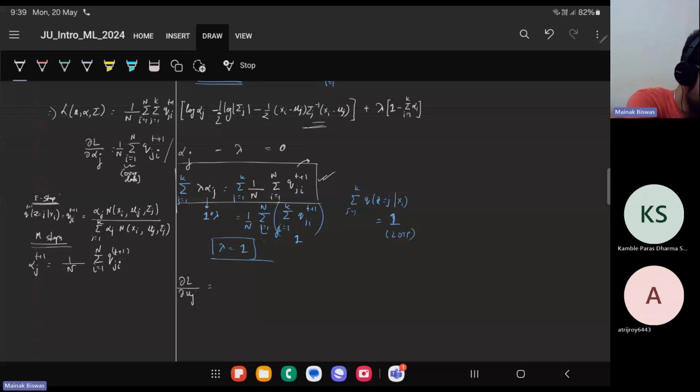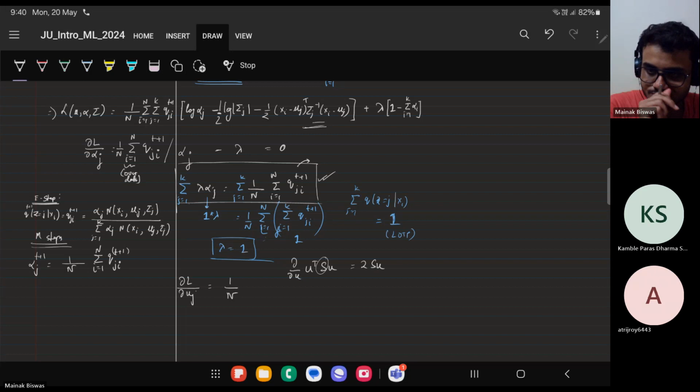So I take the derivative with respect to mu j. I get 1 over n, that summation. We have seen in previous classes that the derivative of u transpose S u with respect to u, for a symmetric matrix, is 2 S u, correct? We have derived it quite a few times.